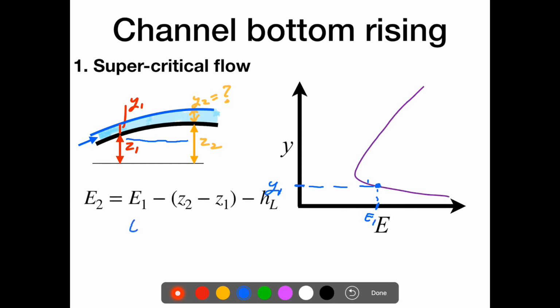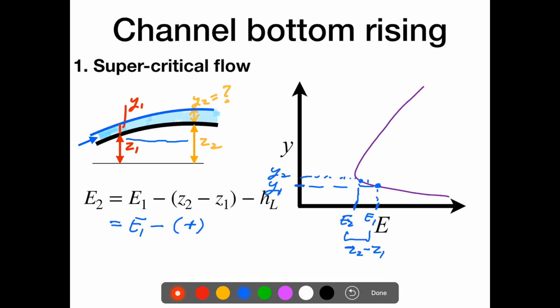We are going to be doing an E1 minus a positive, so that would push us to the left on the diagram. I don't have so much room here, but the idea is the same as the previous example. E2 would be over here. The difference would be Z2 minus Z1. And we simply walk our way over here to get to Y2.